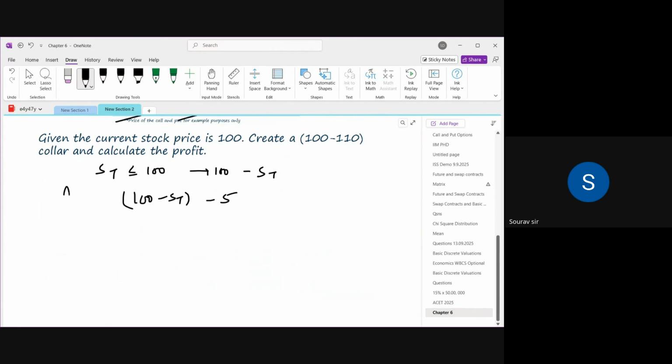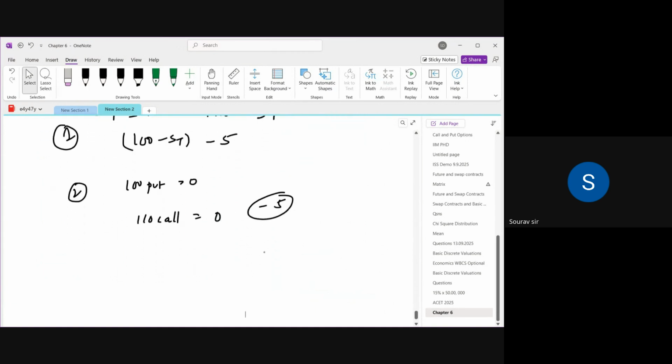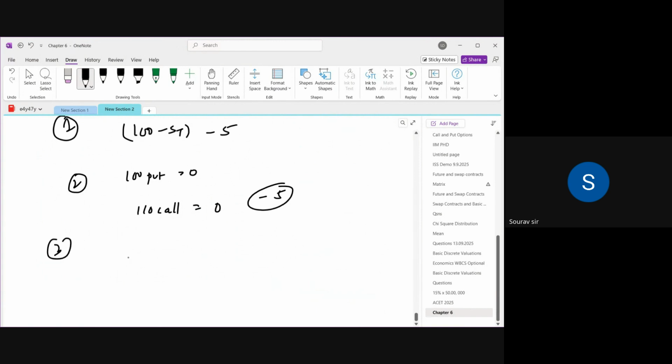If I talk about case 2, 100 put is 0 and 110 call is 0. So net payoff is minus 5. And third one, case 3, ST greater than or equal to 110. So 100 put is 0 and 110 call is minus (ST minus 110).